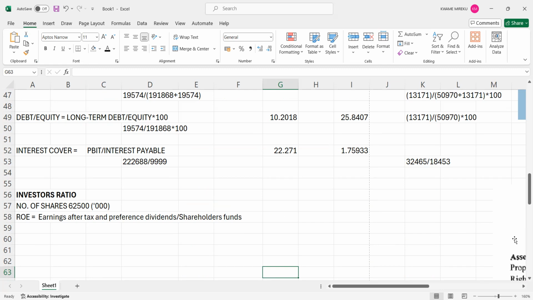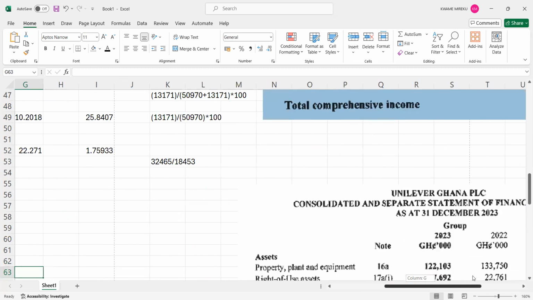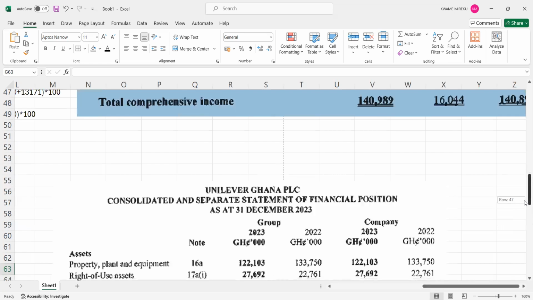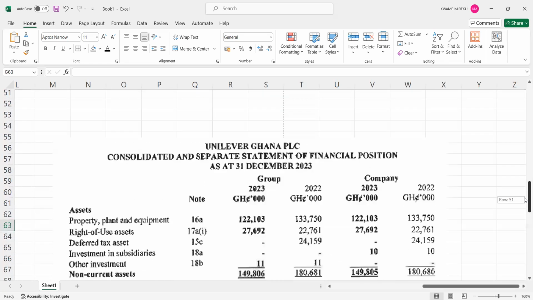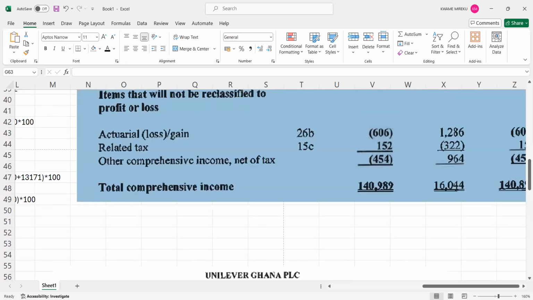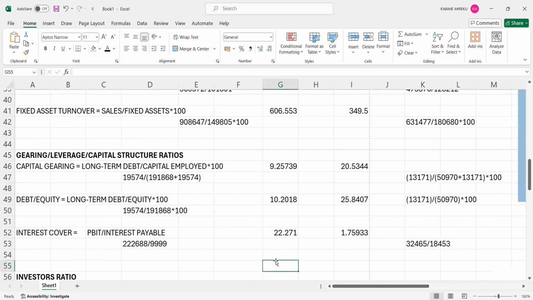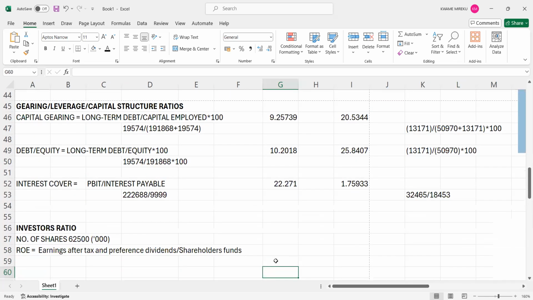Because they don't have any preference shareholders. So here, the total equity is looking at, if all the return were going to the owners, what would be the percentage return on their fund? We want to know.